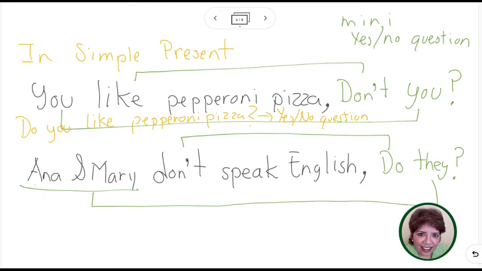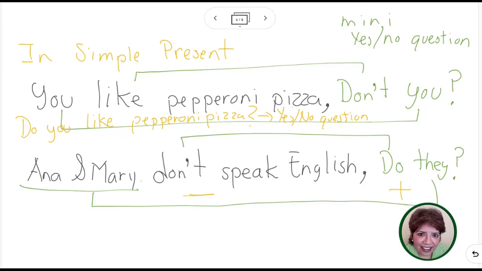In this case, we have Anna and Mary don't speak English. And remember that we have to write the opposite of this. This is a negative sentence. Then the tag question has to be in a positive form.